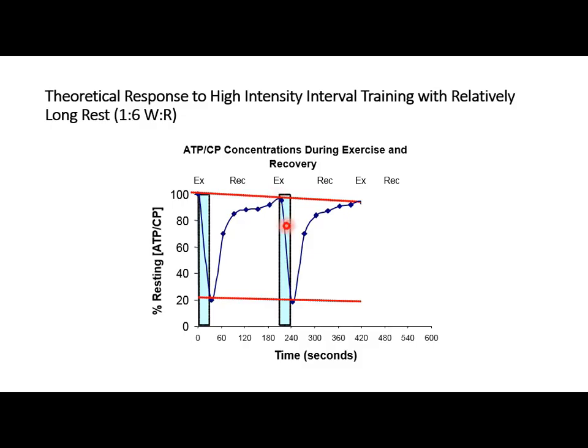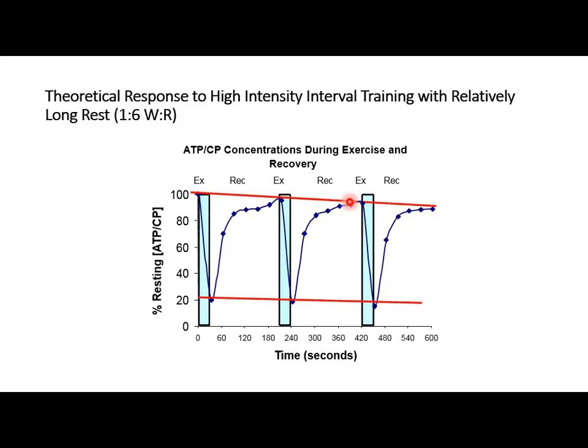So you do your second set and you deplete creatine phosphate in the muscle, but then you rest again. And if you rest long enough, creatine phosphate levels will recover to fairly high levels. And then you'll do your next set.